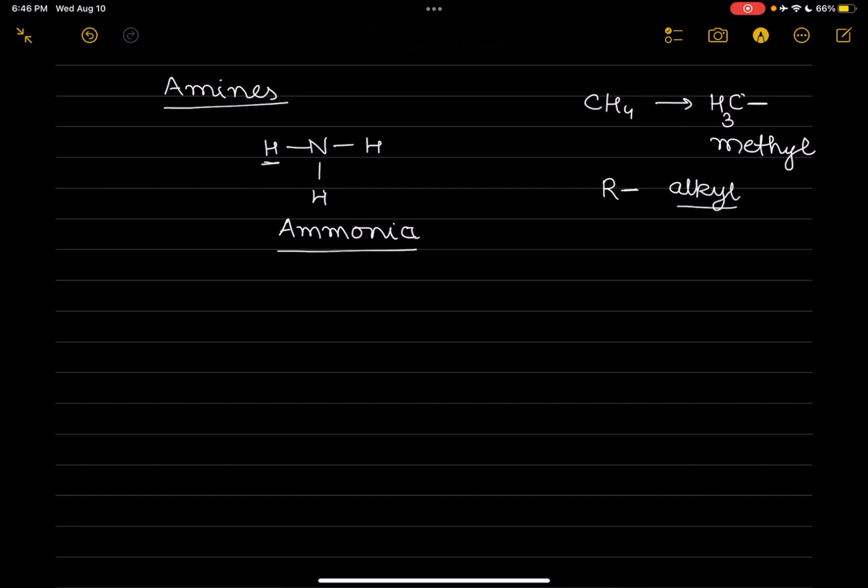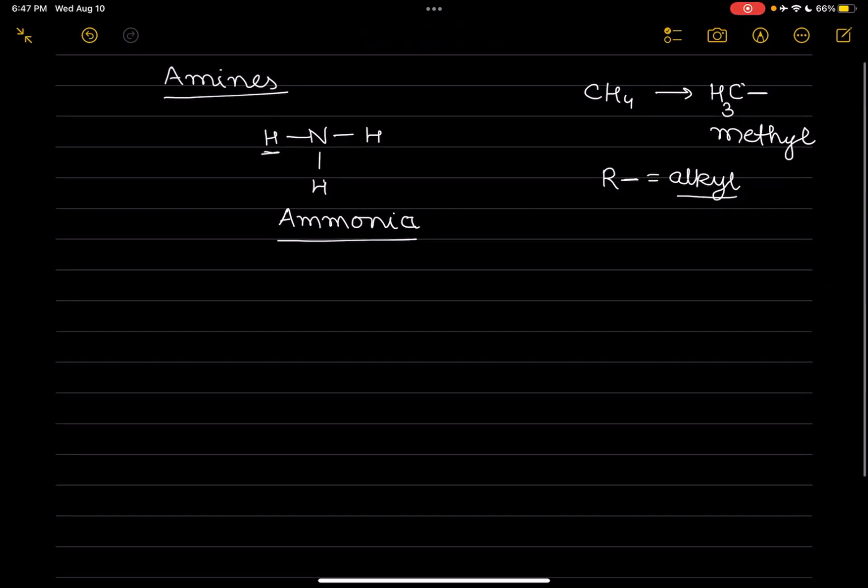It can be of one carbon, two carbon, three carbon, and accordingly we name it methyl, ethyl, propyl, butyl. Just like in algebra, any number we represent as X, similarly in organic chemistry, if there is any alkyl group, it is R.